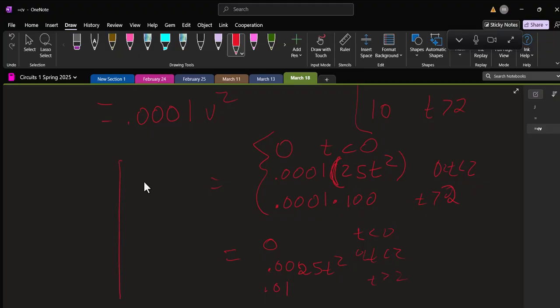Okay, so that would look like 0, and then 0.0025 t squared. I know that's going to be a parabola, so if I plug in 2 for t, I get 0.01, which I was hoping I would get.